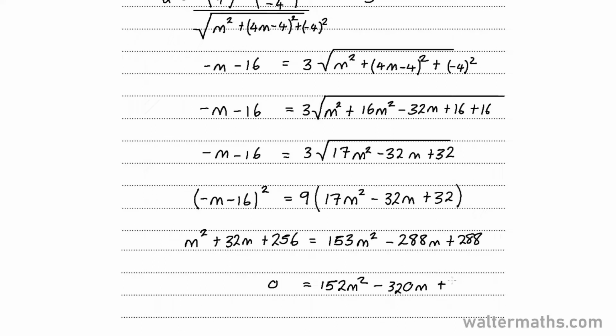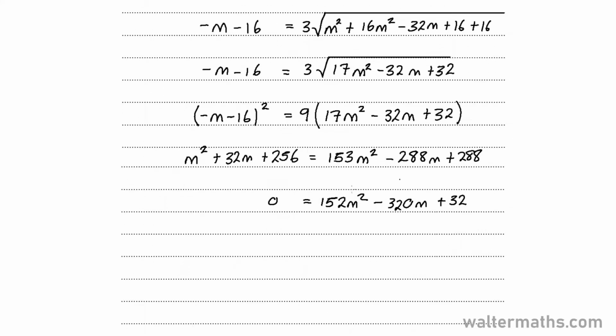So it's plus 32. So that's what we get right here. So we can actually divide all the terms by 8. And we are going to have 19M squared minus 40M plus 4 equal to 0.